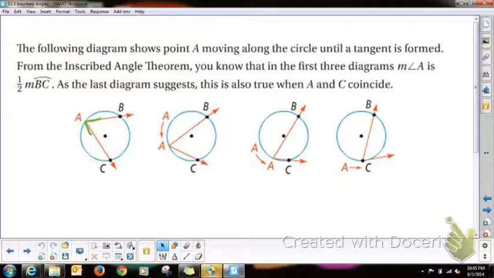So A is half of this arc. It's just moving. A is sliding down. A is half of this arc. As the last diagram suggests, this is also true when A and C coincide, when they come together.